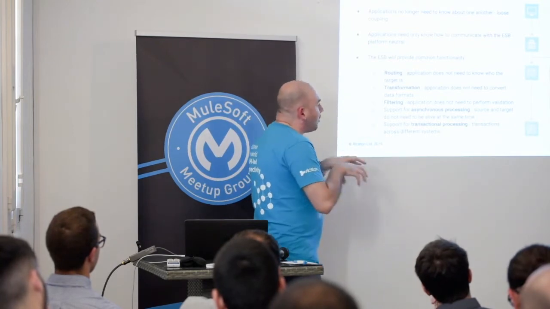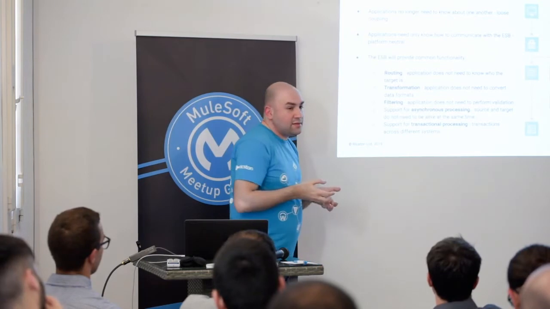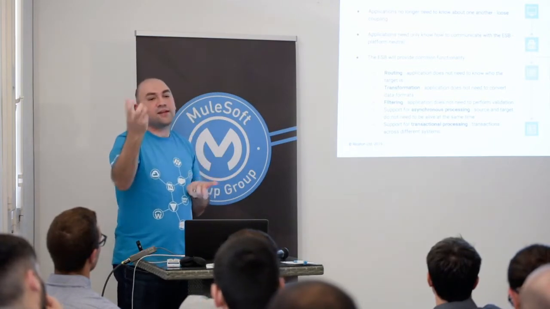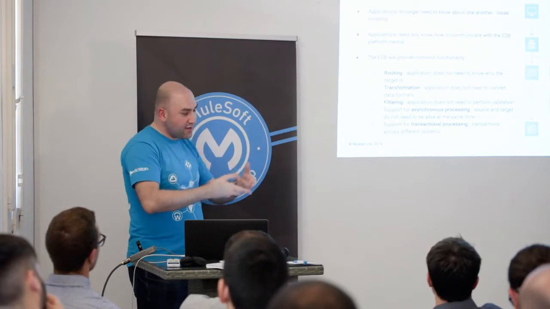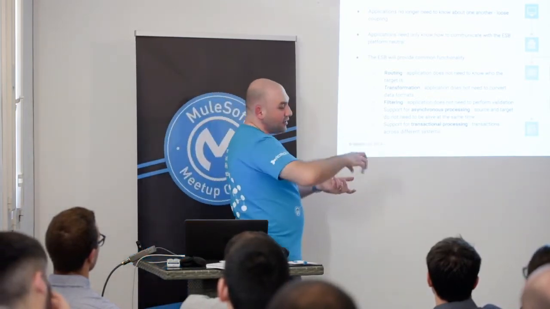Also, you will often have transformation components. If you don't have these, every system needs to be concerned with the format which the target system will use. It will need to first transform the data in a way which the target system will consume, and then actually send it.